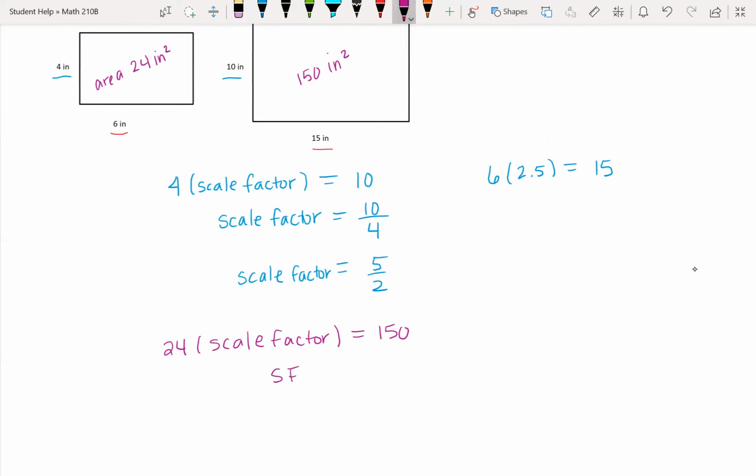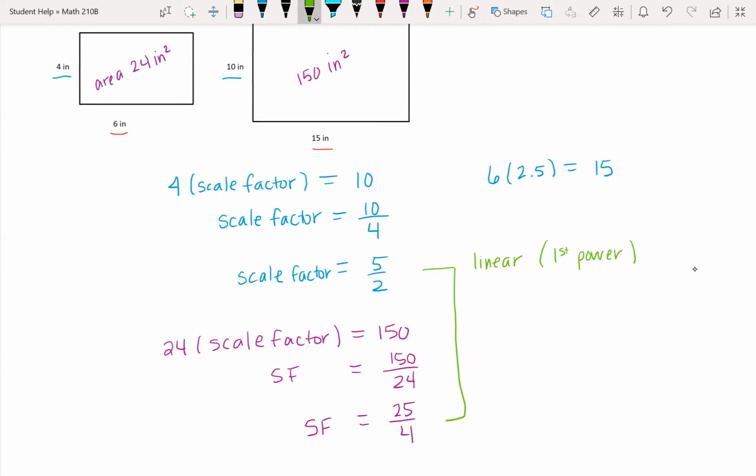So the scale factor is 150 over 24. If I were to simplify this fraction, it is 25 over 4. So let's take a look at the comparison between these two numbers. This was linear, or raised to the first power, right?